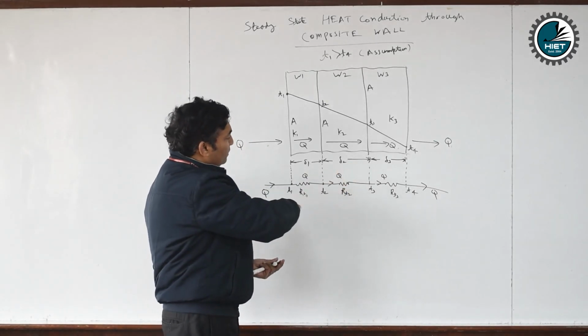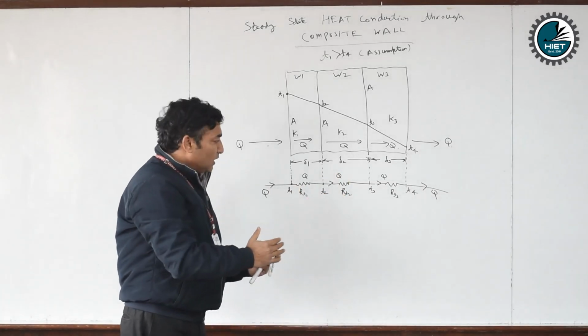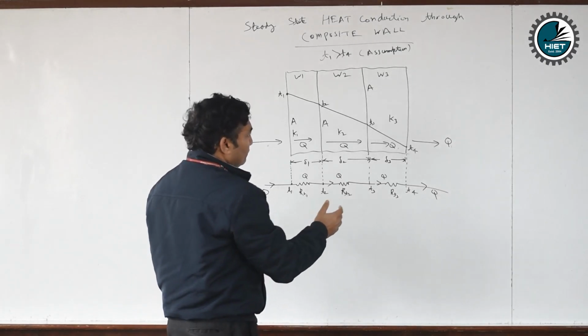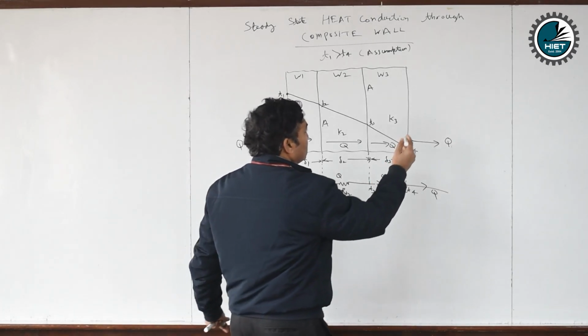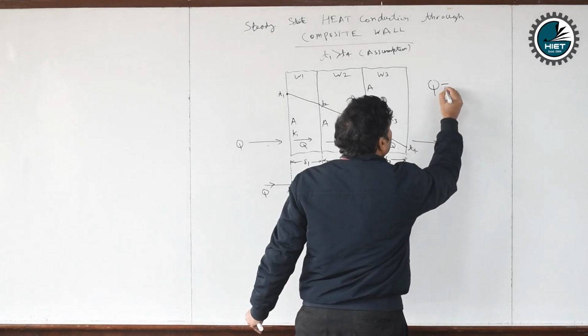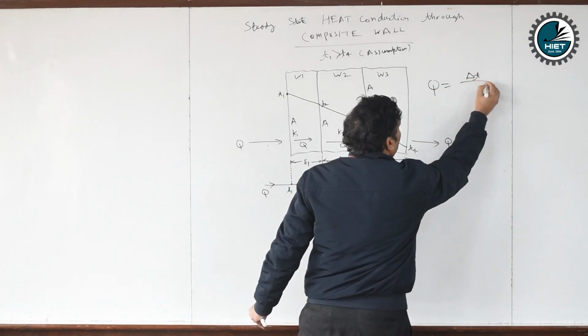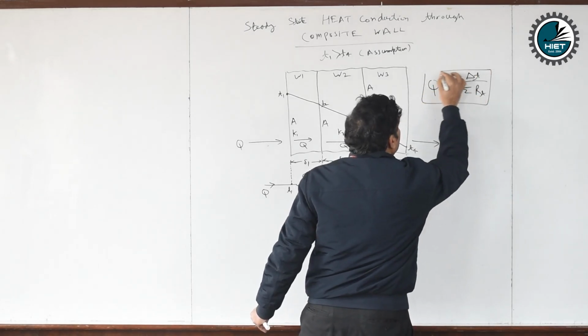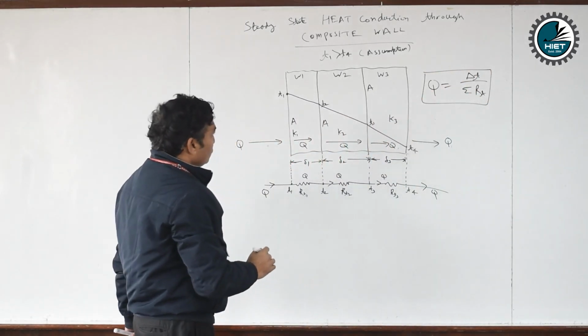So we can add the thermal resistances, total thermal resistance as RT1, RT2 and RT3, and likewise we can derive the relation. So we are going to derive this relation: Q is equal to delta T upon sigma RT. This is the relation we are going to derive in this topic.